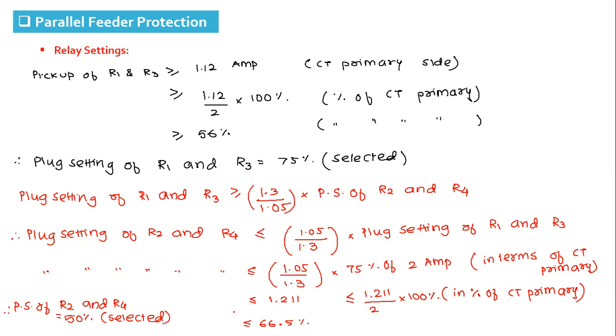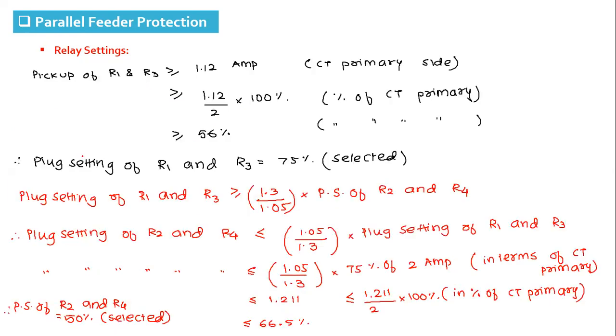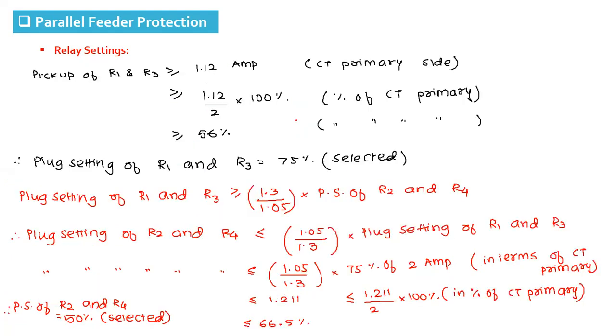It should be less than 66%, so the range available is 50%. So we have set the plug setting of R1 and R3 to 75% pickup value, and the plug setting of R2 and R4 to 50%.